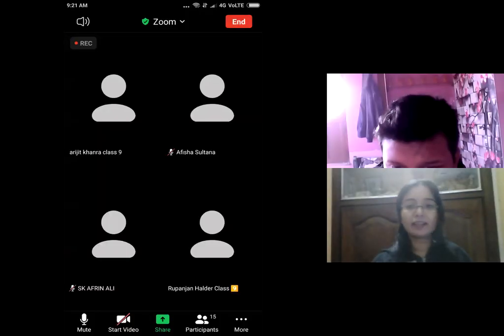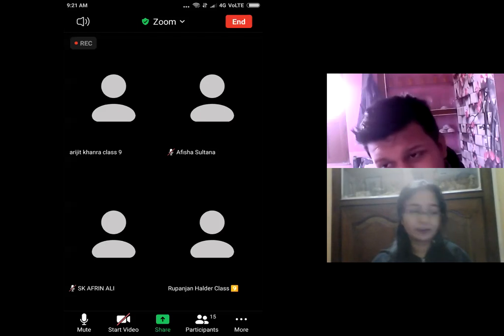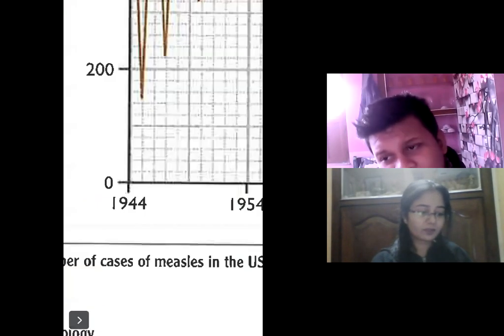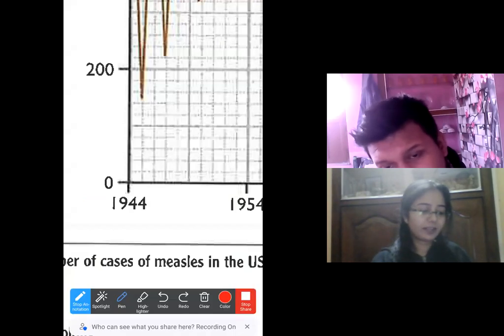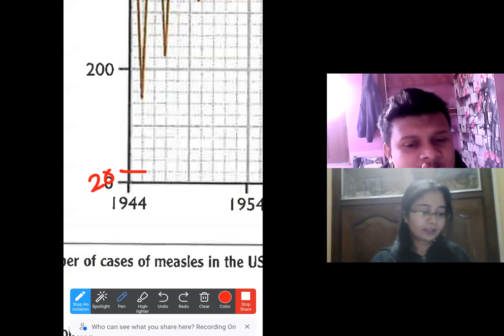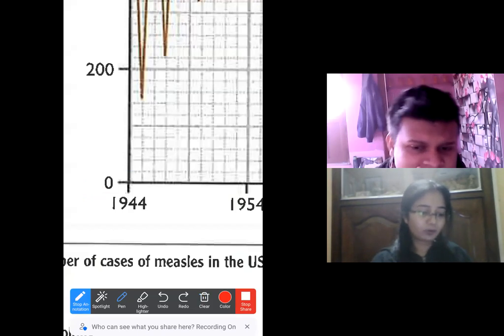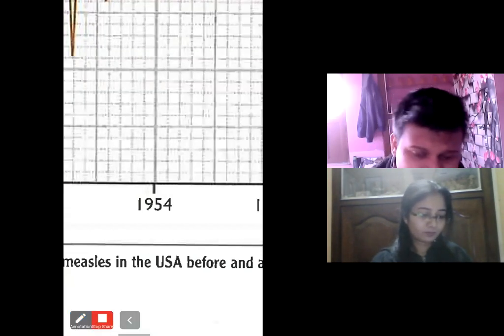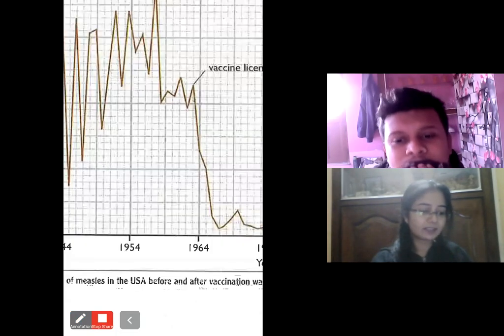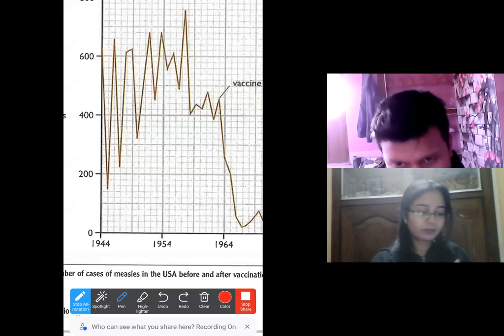So each small box will indicate 20 cases. Is it clear? Now you see that in 1964, actually the vaccine was licensed in 1963 here, but we will just go by average.